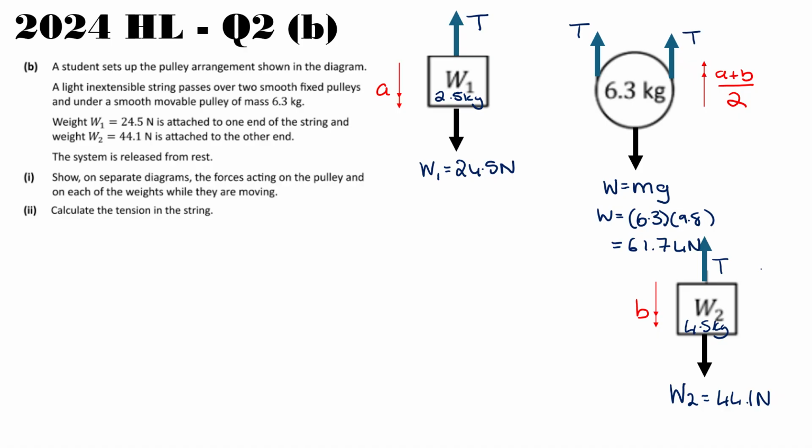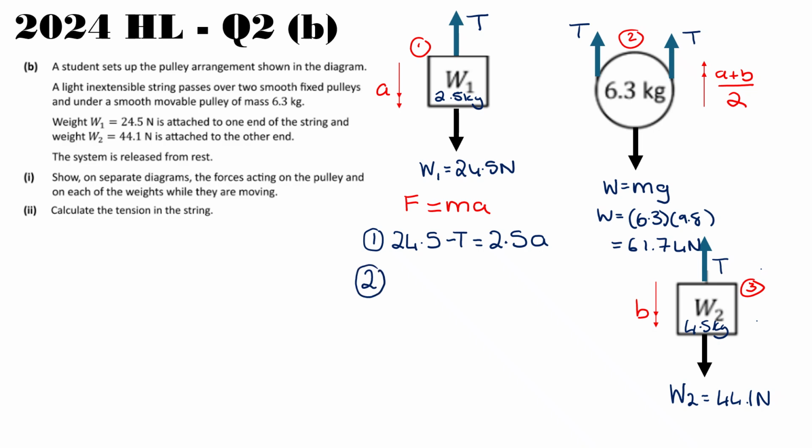So then we're going to work through each of the diagrams to make a force equation. I'm going to call these force diagram 1, 2, and 3. So our three force equations: number 1, we're always going with the direction of motion. So we have 24.5 minus our tension is equal to our mass times our acceleration.